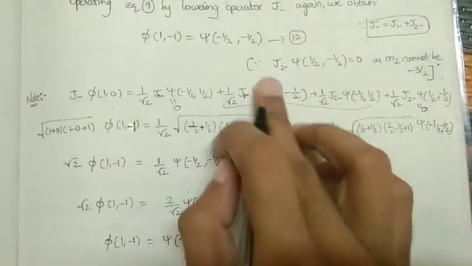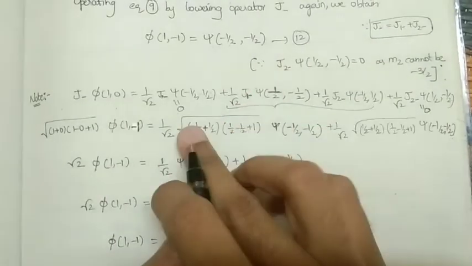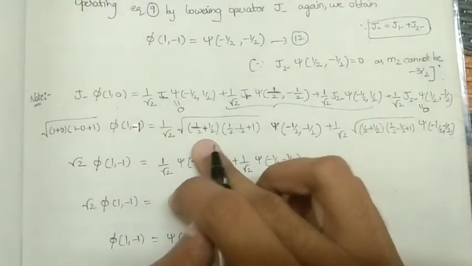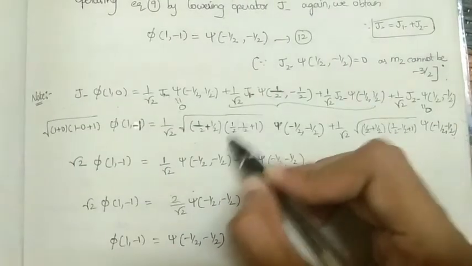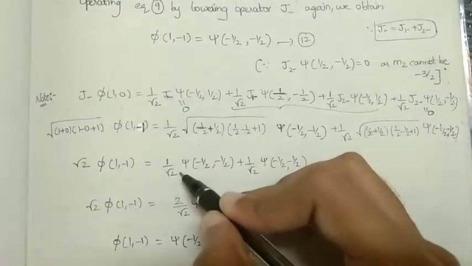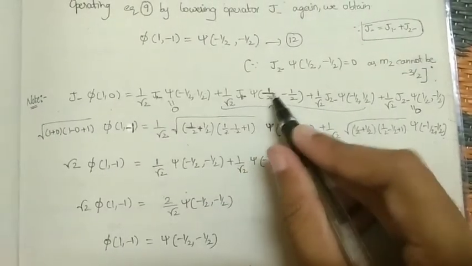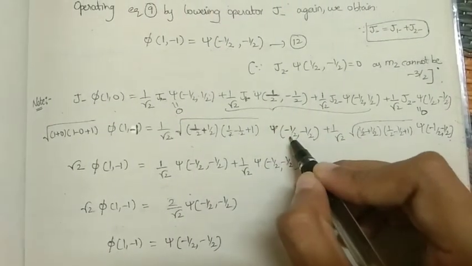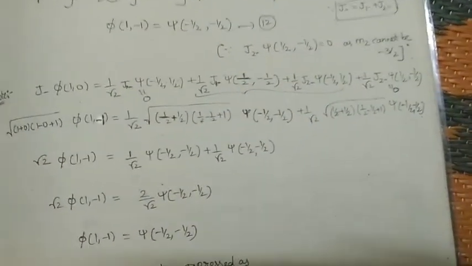So for this case if we consider j1 minus operating, so j1 plus m1, j1 half as given in the question and m1 is half, and j1 minus m1 plus 1, half minus half plus 1 would get cancelled, half plus half is 1, hence you are having 1 by root 2 as usual. And it would reduce the value of m1 by 1, half minus 1 is minus half, and this minus half would remain as usual, it does not reduce the value of m2.